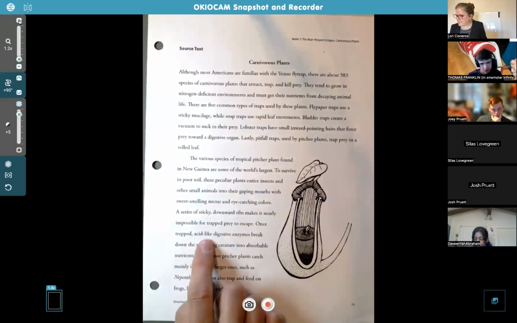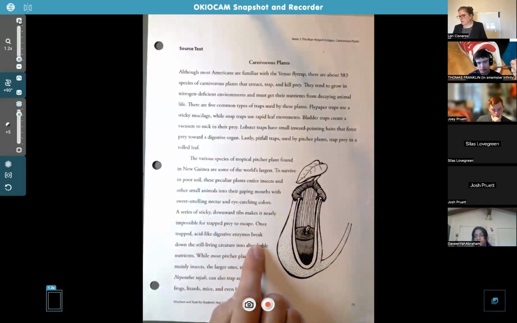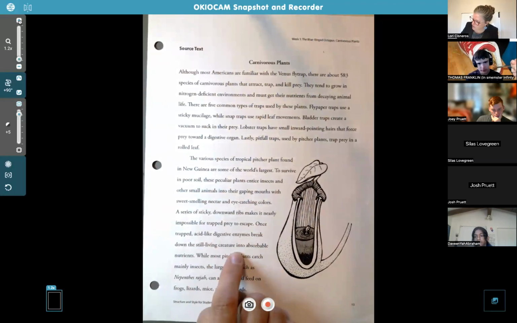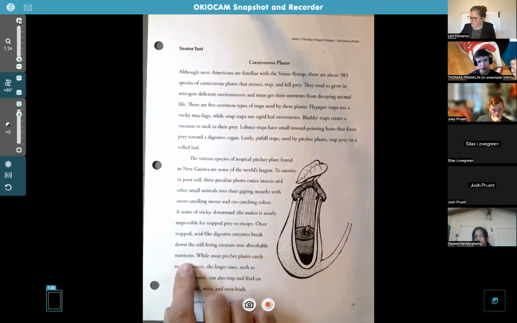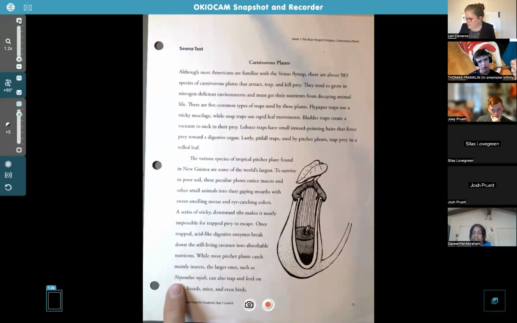Once trapped, acid-like digestive enzymes break down the still living creature into absorbable nutrients. While most pitcher plants catch mainly insects, the larger ones, such as Nepenthes raja, can also trap and feed on frogs, lizards, mice, and even birds. Crazy.